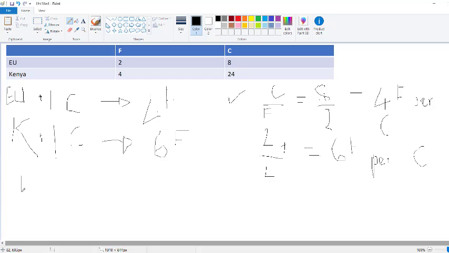If you need comparative advantage in terms of food for Kenya, the calculation is going to be food over chemicals, which is going to be 4 over 24, which is equal to 1 over 6. So that's 1 over 6 chemicals you need to give up per one food to produce one food.